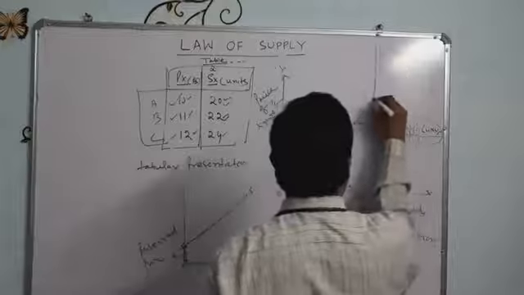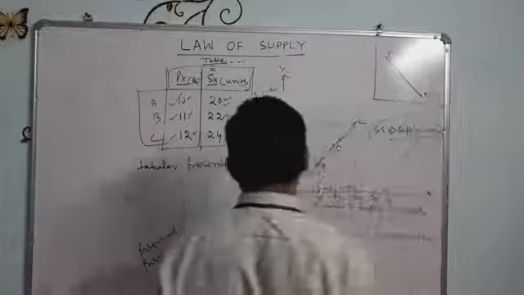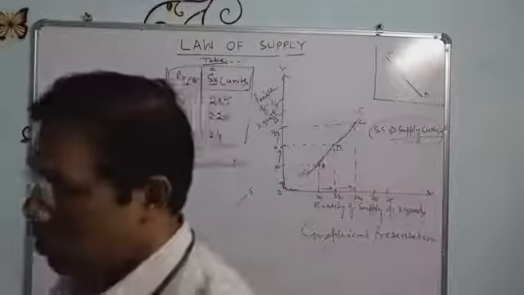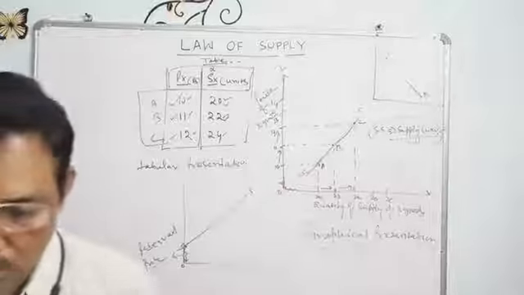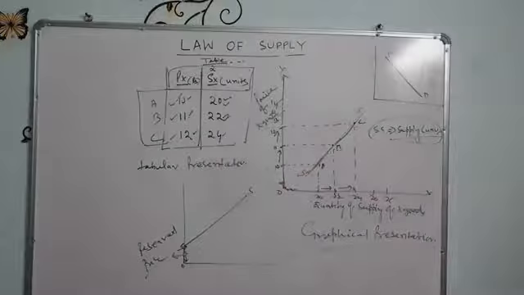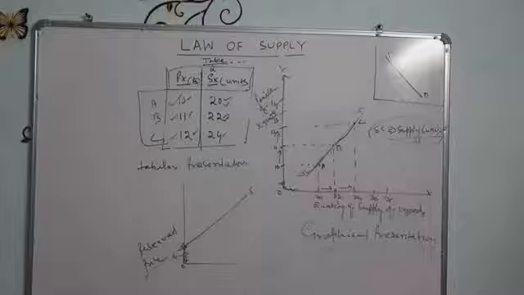What is the shape of the demand curve? The demand curve slopes downwards from left to right. SS is the supply curve, which slopes upwards from left to right. So the reasons behind the upward sloping of the supply curve, as we have already discussed the reasons behind the demand curve sloping downwards from left to right.